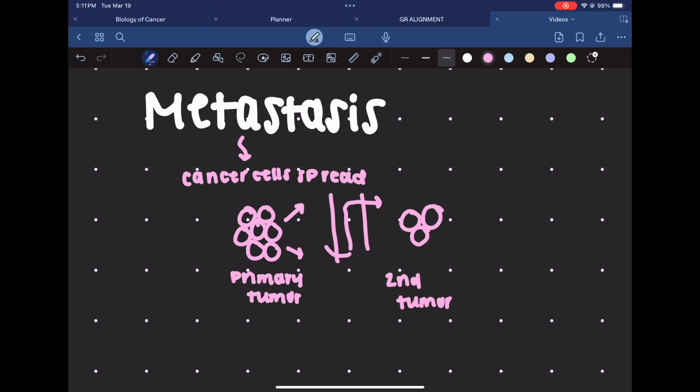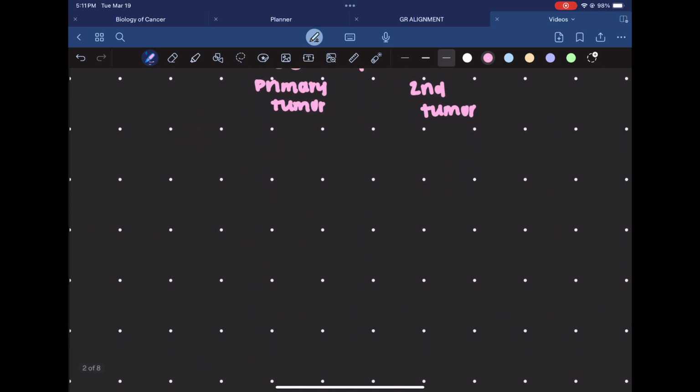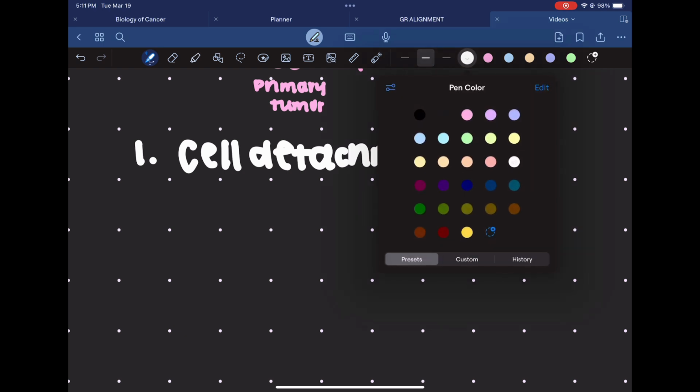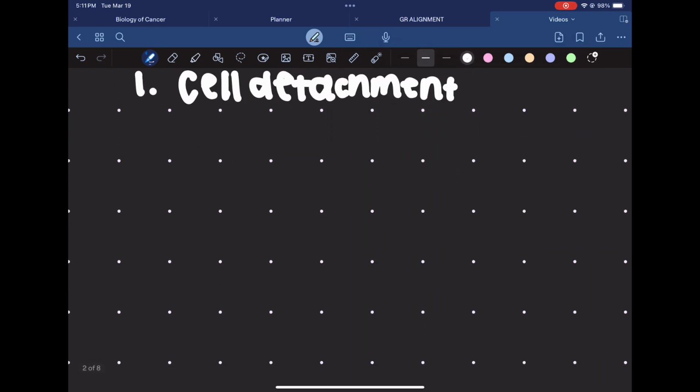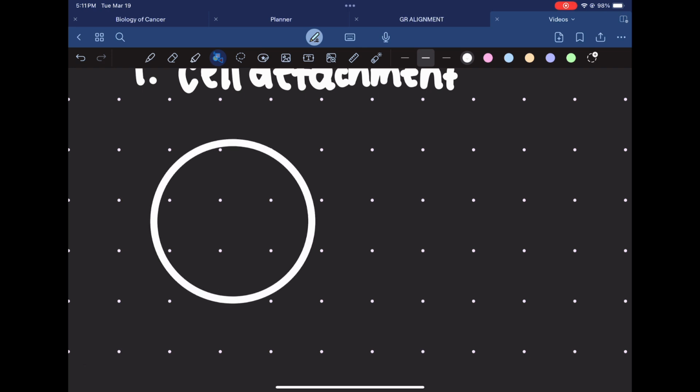So let's jump right into how this process happens and what it's going to look like. Step one of this process is called cell detachment. And really, this is going to involve a couple of different changes in terms of the molecules that are expressed by this cell.